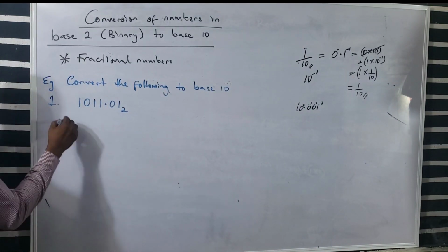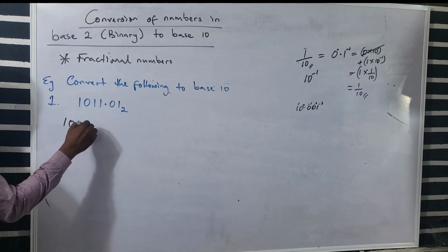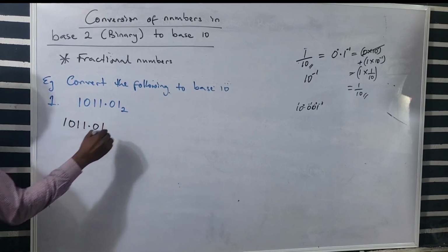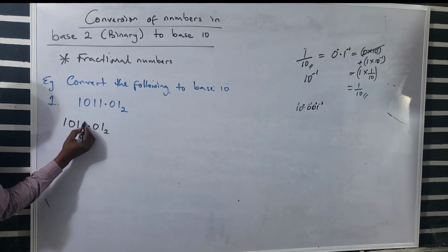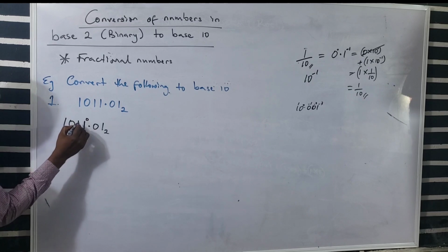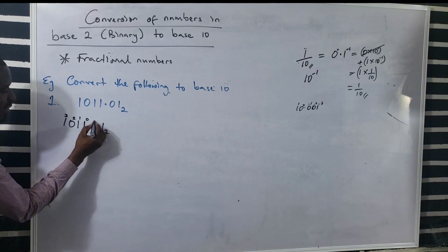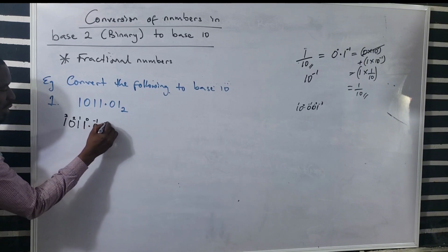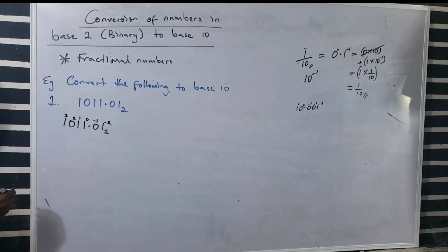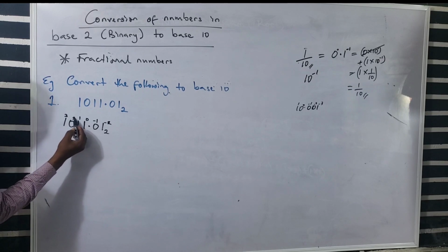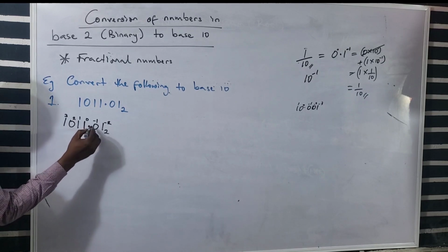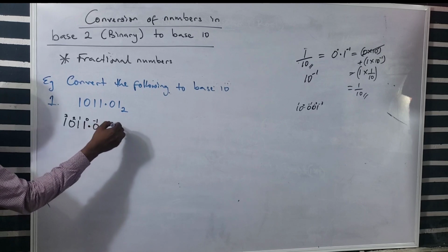So when I index this number, let me rewrite it first. When I index, I will start from this one here as our 0, 1, 2, 3. Then I will move down to this one as -1, -2. So this is 0, 1, 2, 3, and after the decimal point, I will now have -1, -2.